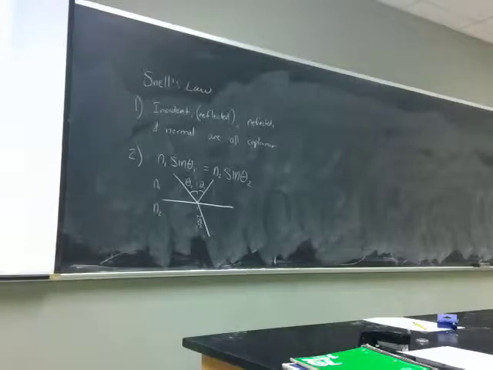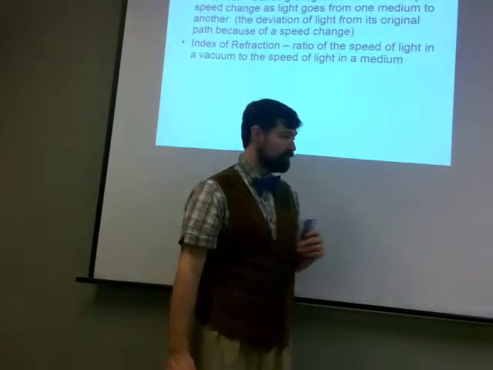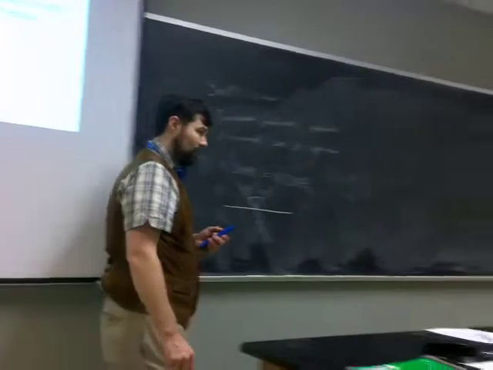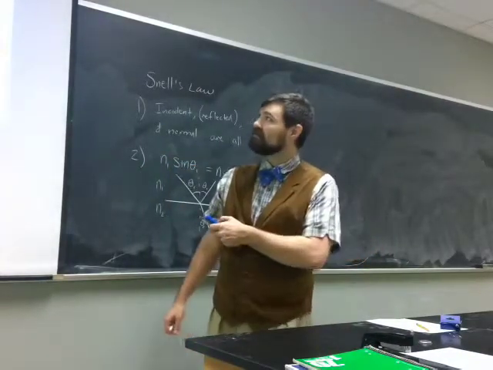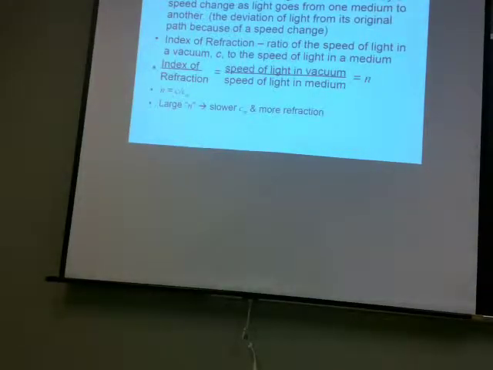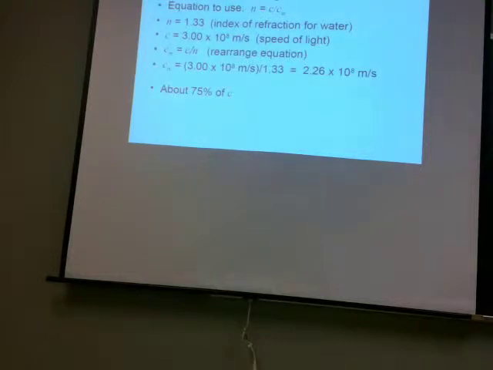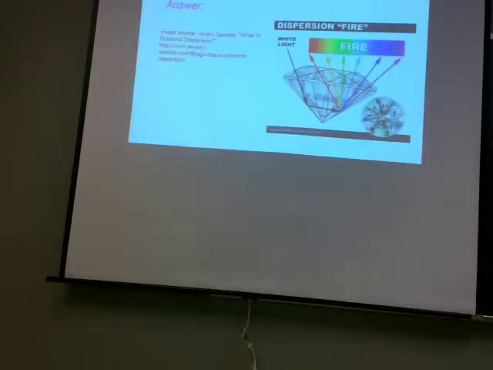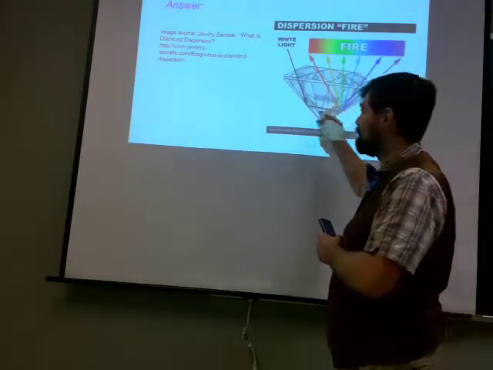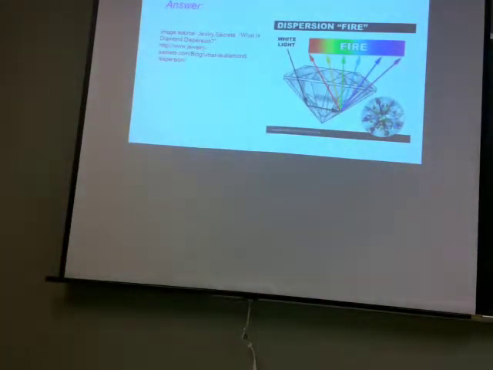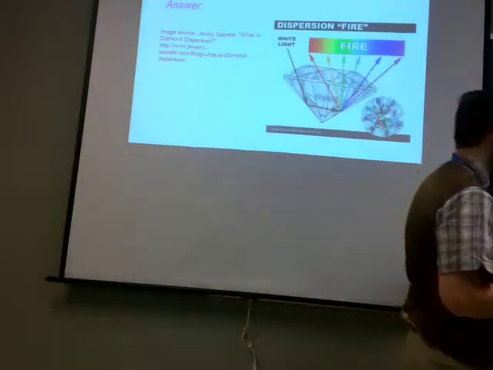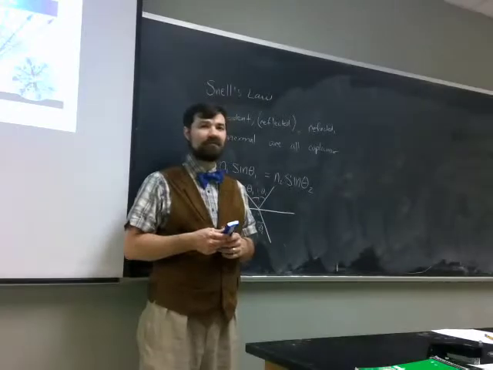Now, there's a number of things that result from this. One of them is, and I think I have a picture on here somewhere of it, that if the refractive index is different at different wavelengths, then the light will actually spread out at the interface.